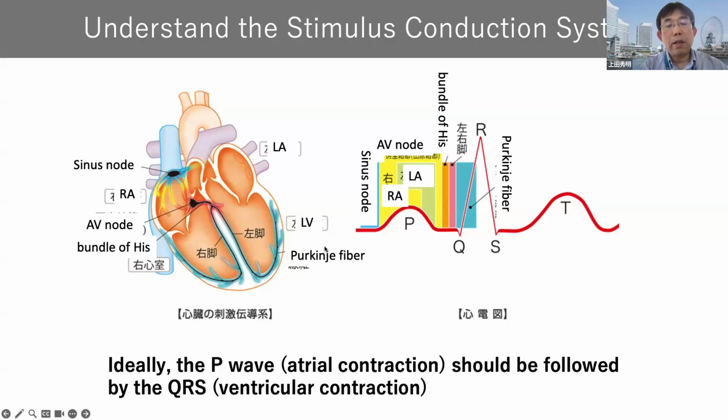So ideally, the P wave, which represents atrial contraction, should be followed by the QRS, which represents ventricular contraction, as we can see in this right-sided picture.